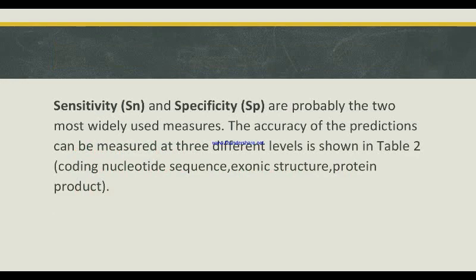Sensitivity and specificity are probably the two most widely used measures in gene prediction. The accuracy of the predictions can be measured at three different levels: coding nucleotide sequence, exonic structure, and the protein product level.